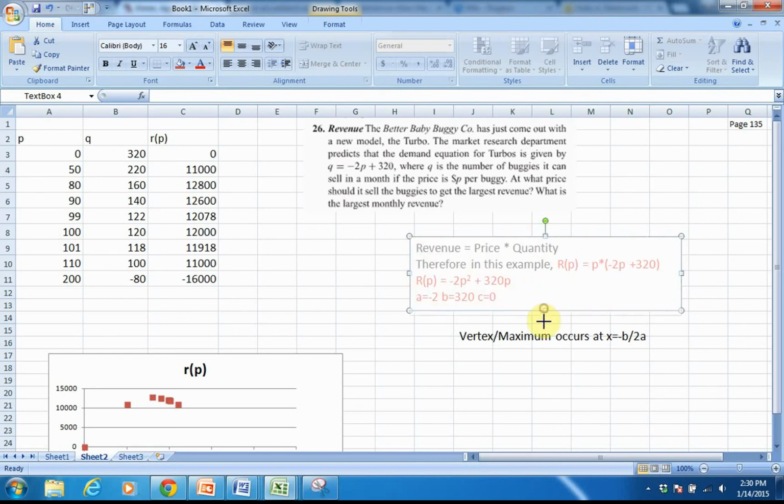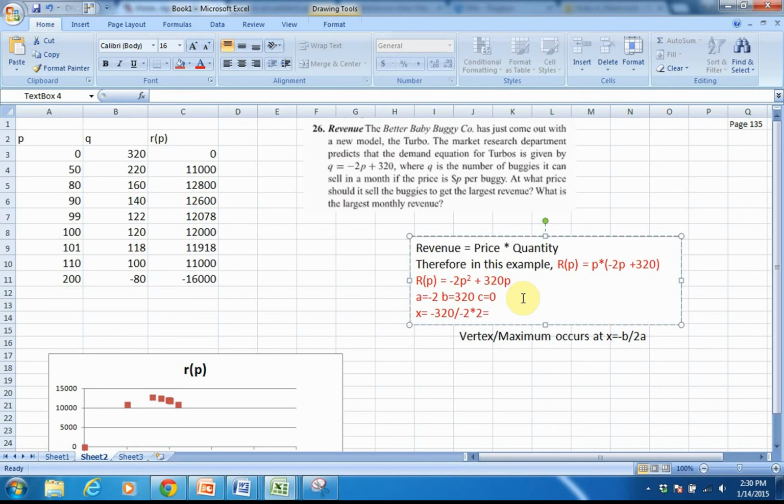So if we're trying to evaluate -b over 2a, when you think about what that would be in terms of the representation for this, wouldn't it make sense that x is equal to -b, or the opposite of b, which is -320, divided by 2a, which would be 2 times -2.